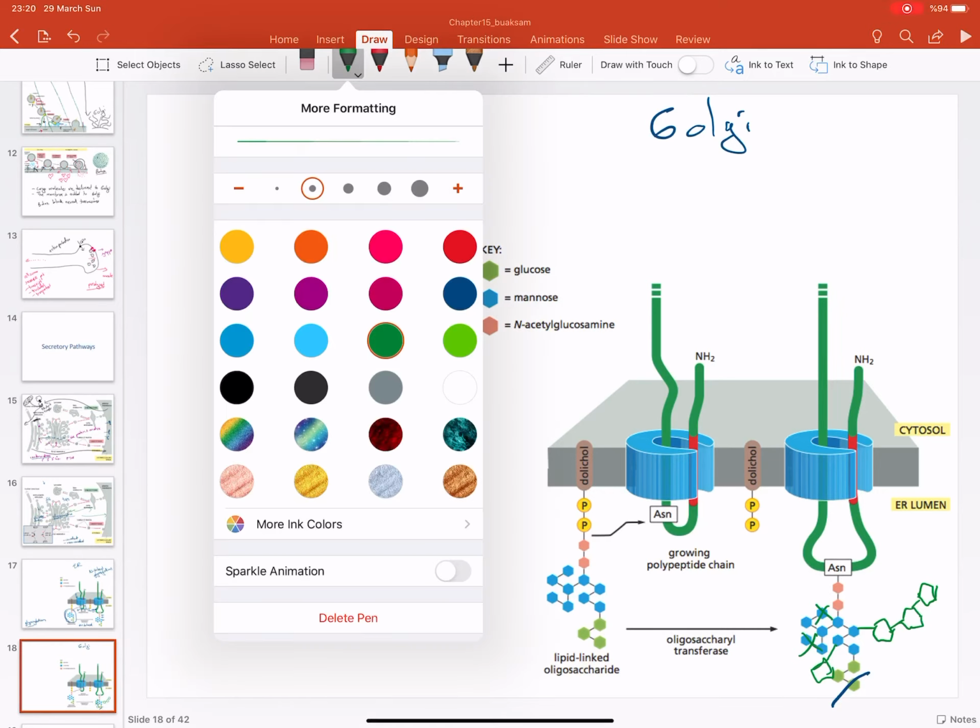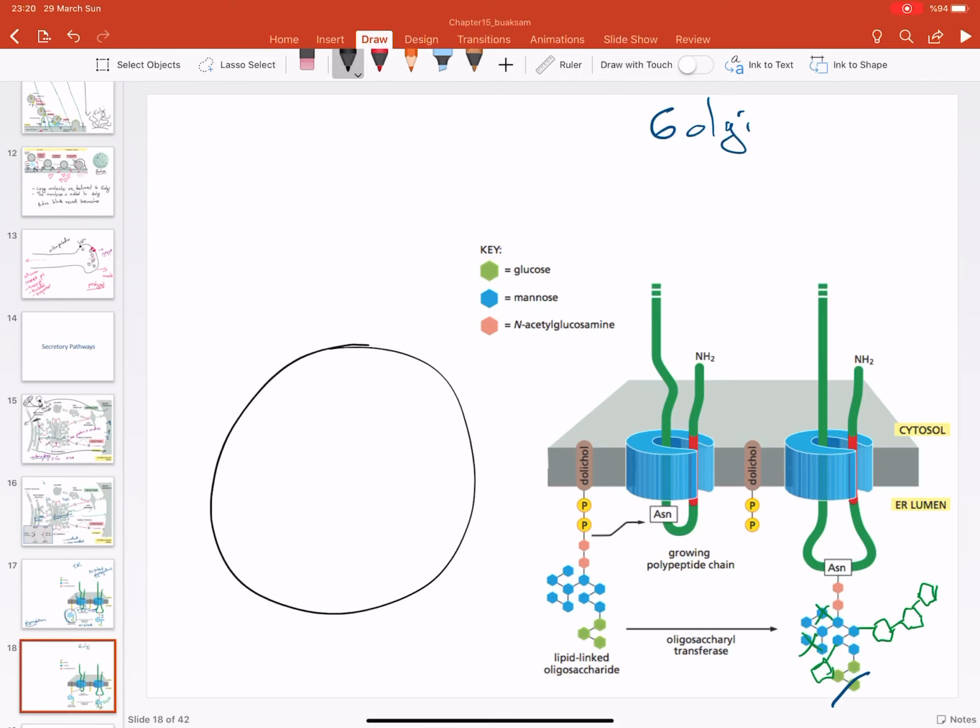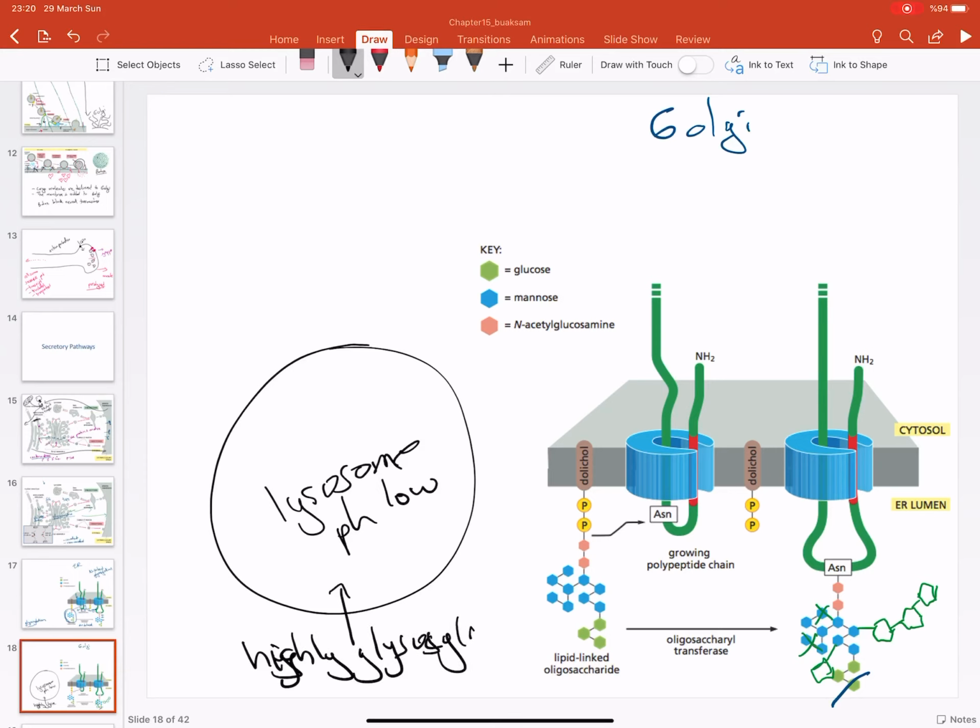The lysosome is highly acidic. So if a protein is going to work inside the lysosome, it has to be highly glycosylated. Otherwise, it's not going to be protected from the acidic environment of the lysosome. What protects this protein from the environment of the lysosome is the sugar groups.